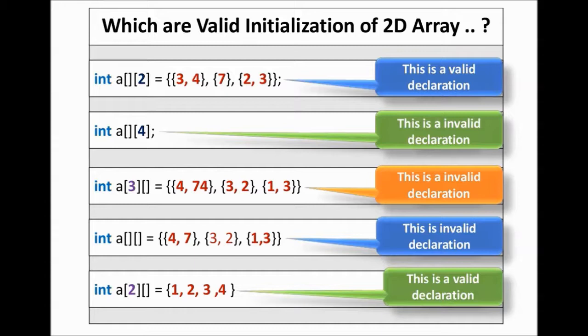In the first, we did not give the number of rows, and in the last we did not give the number of columns, but we store values, and the compiler automatically calculates the number of rows and columns in these two initializations.